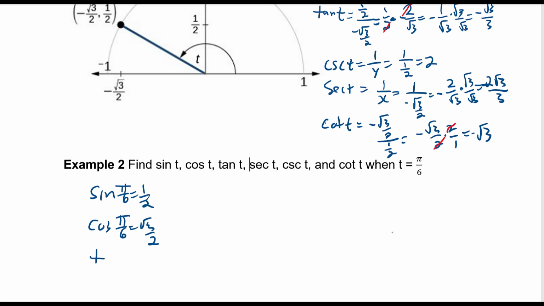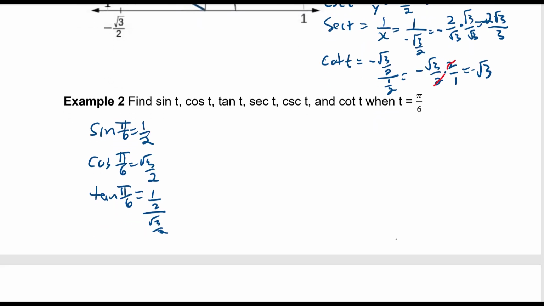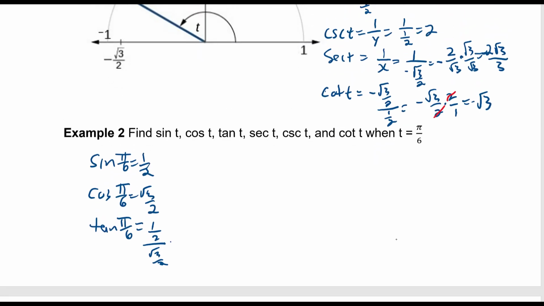So tangent of pi over 6 is sine over cosine, so 1/2 divided by the square root of 3 over 2. This looks familiar, doesn't it? That's 1/2 times 2 over the square root of 3, because we multiply by the reciprocal. The 2's divide out, and we end up with 1 over the square root of 3. Rationalizing the denominator, so we don't have a radical in the denominator, we get square root of 3 over 3.